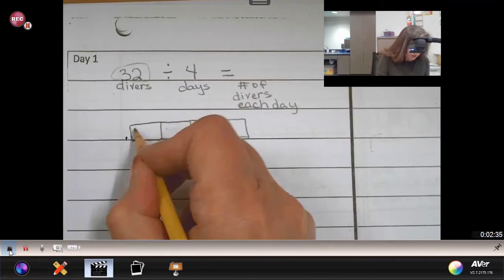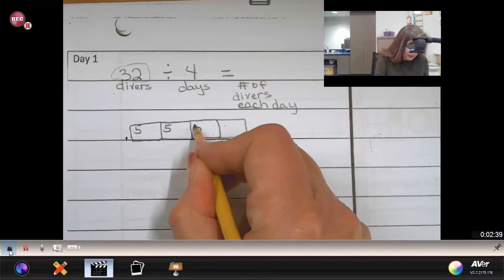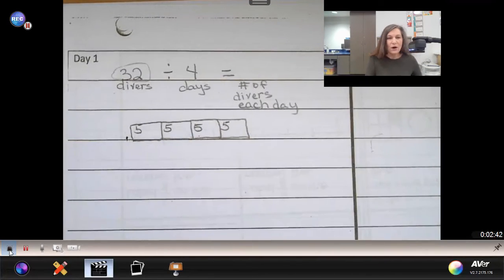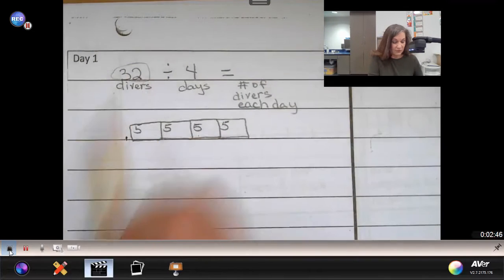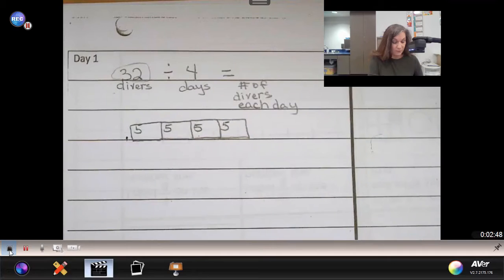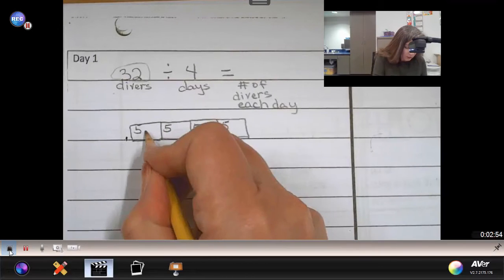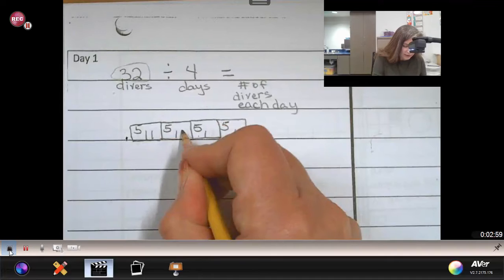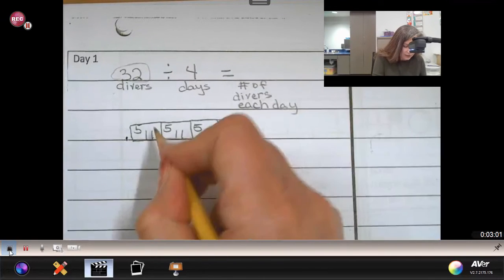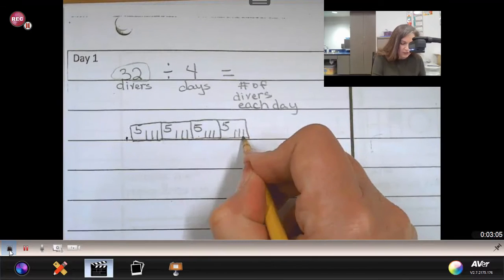So if I just start with 5, 10, 15, 20, so far 20 out of those 32 skydivers have dove. So let's say now I need to get up to 32 and I'm at 20. So I go 21, 22, 23, 24, 25, 26, 27, 28, 29, 30, 31, and finally 32.